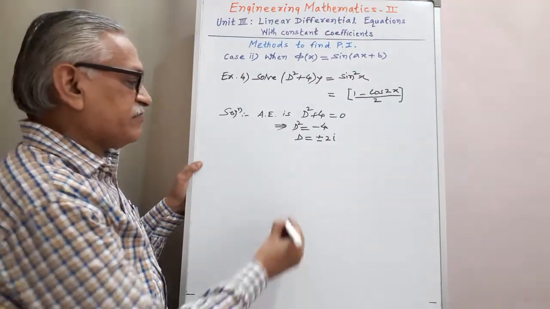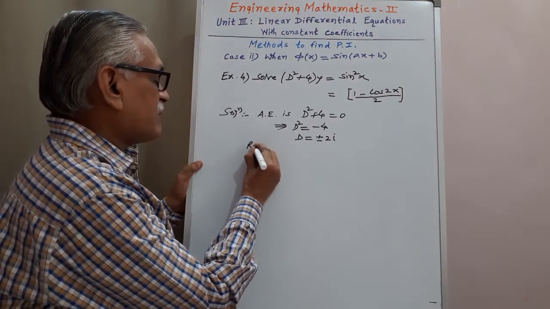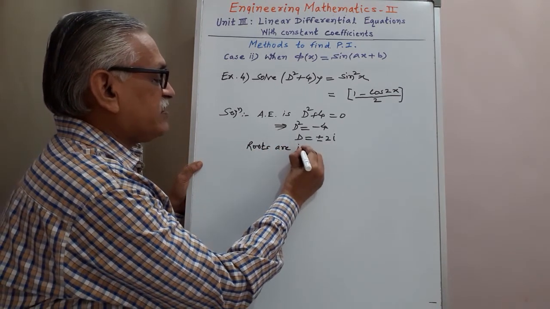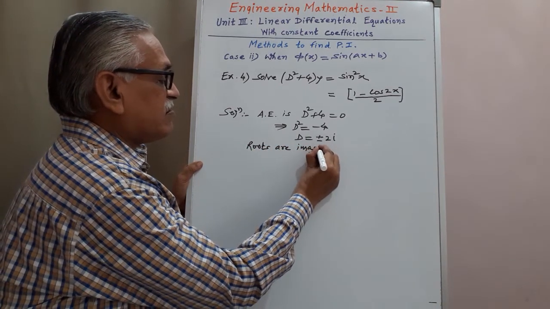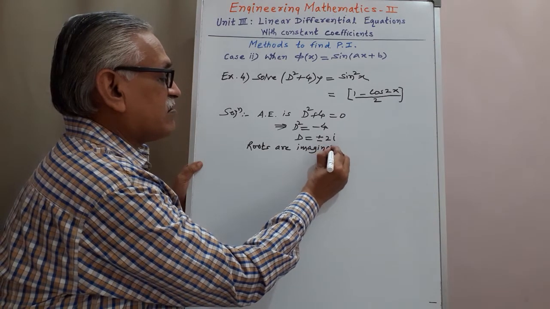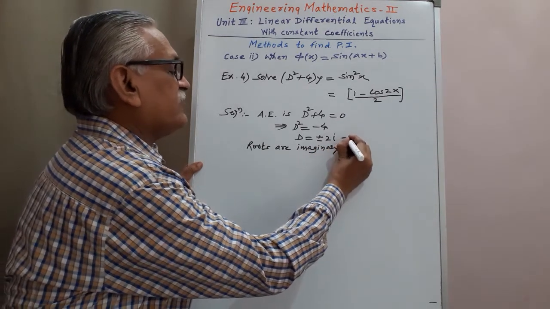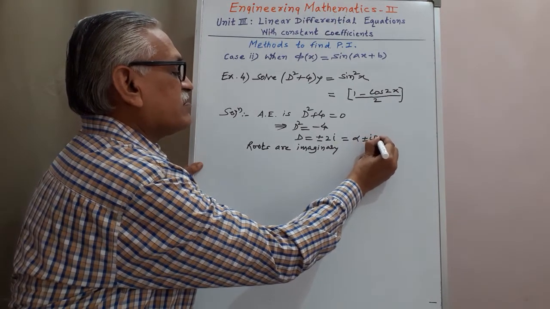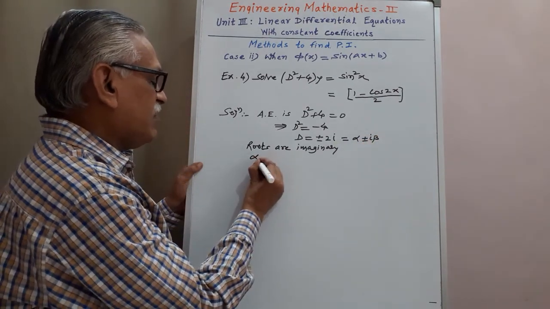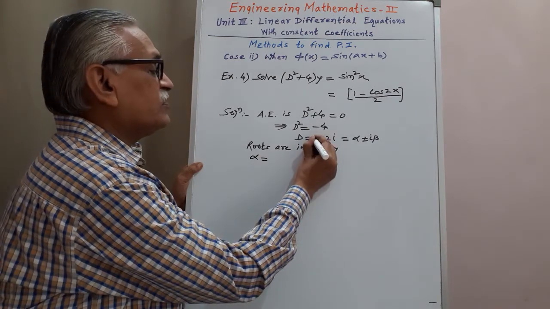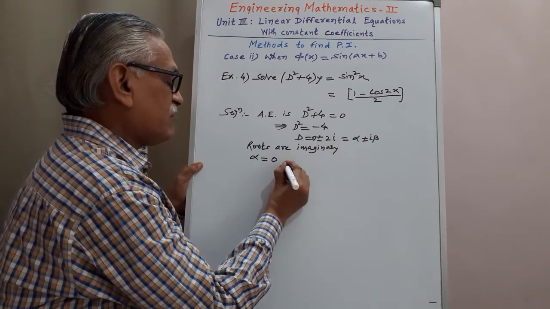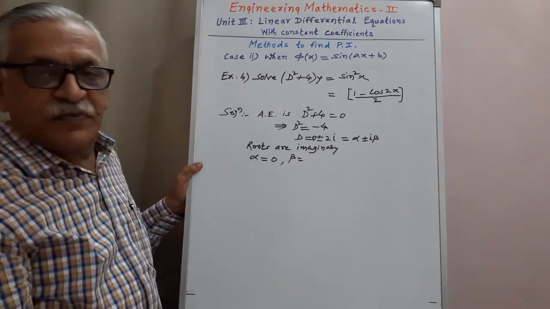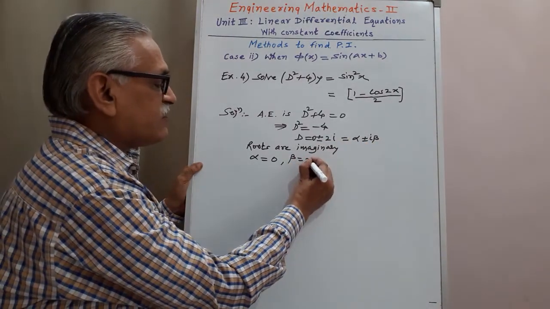Roots are imaginary. Comparing this with alpha plus minus i beta, we get real part alpha is equals to 0, and beta, the coefficient of i, here we get that value as 2.